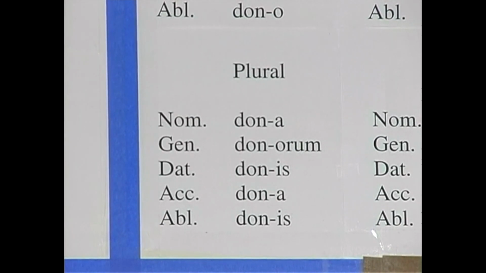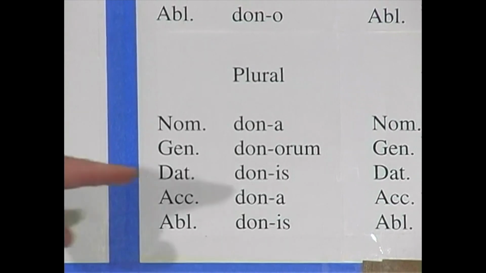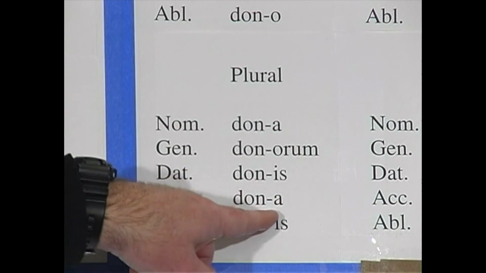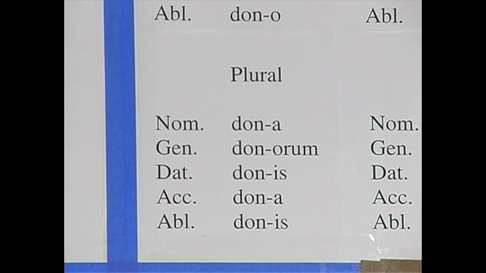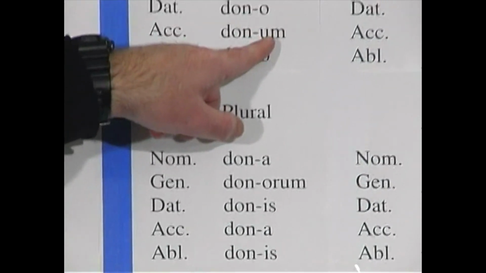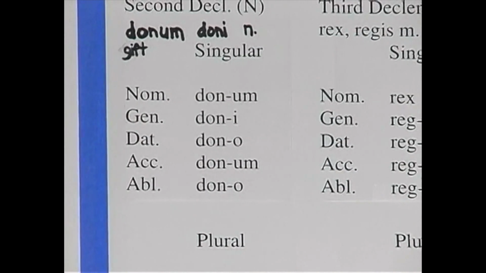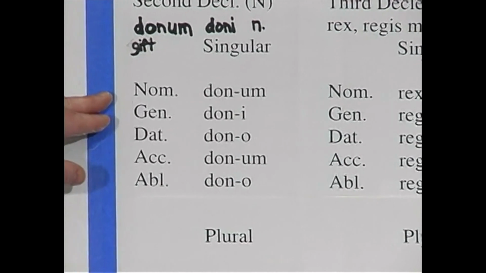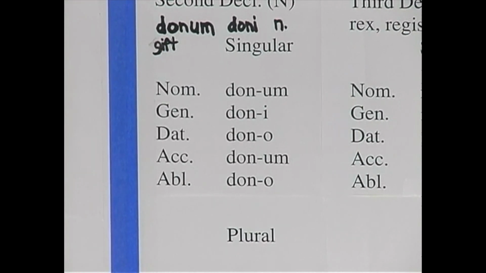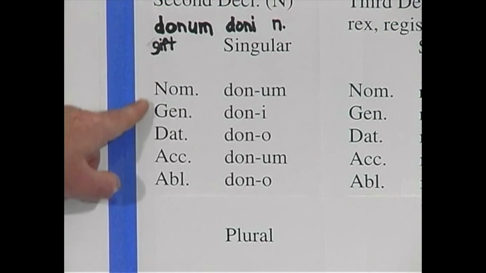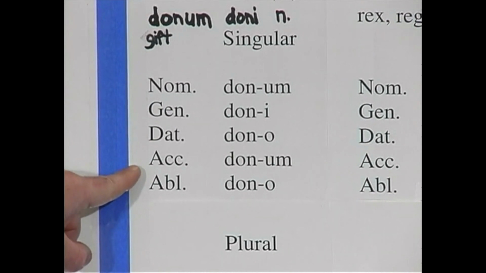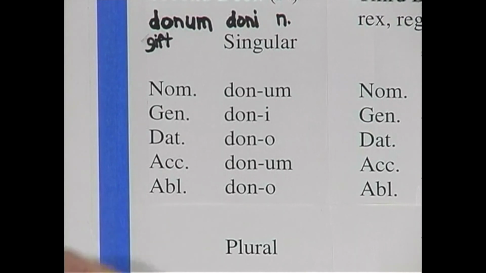So the differences from the masculine are that you've got a nominative plural in a, and also an accusative plural in a. And then you've got the accusative singular just like the nominative singular. So the translation would be: the gift as subject, of the gift, to or for the gift, as direct object, the gift, and by, with, or from the gift.